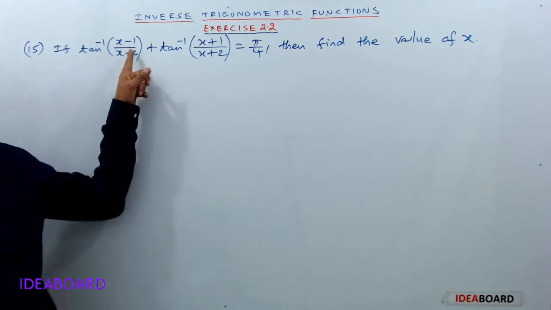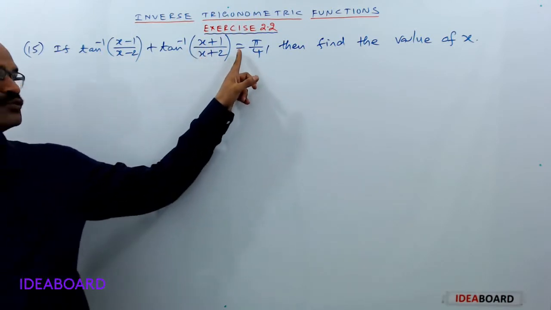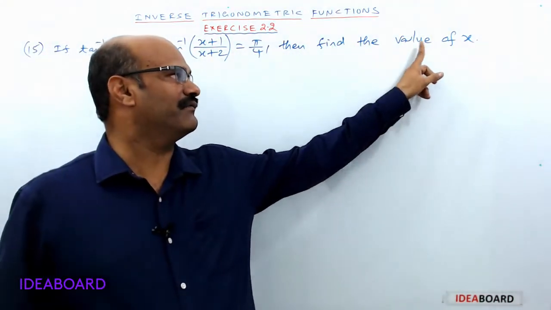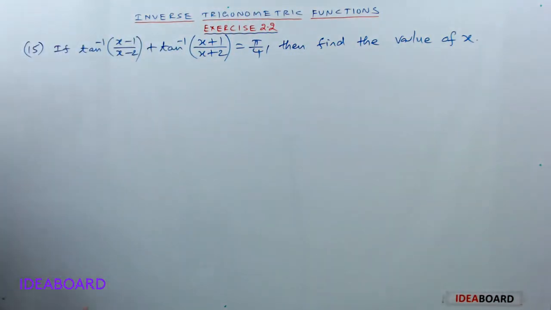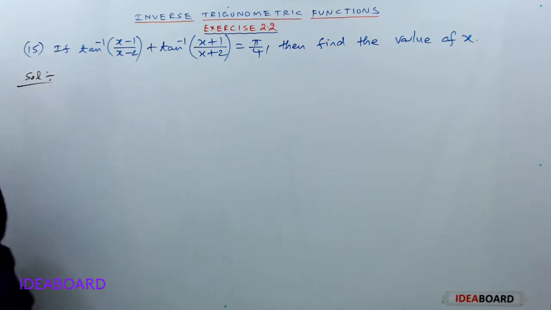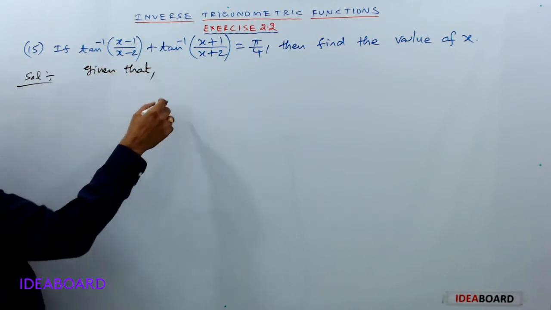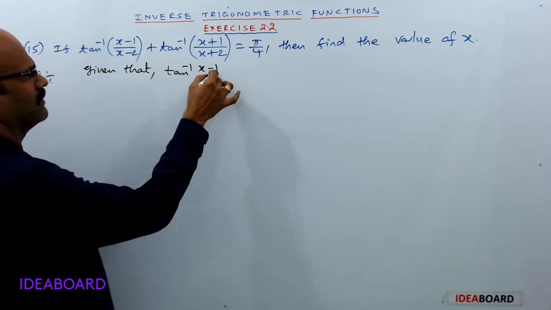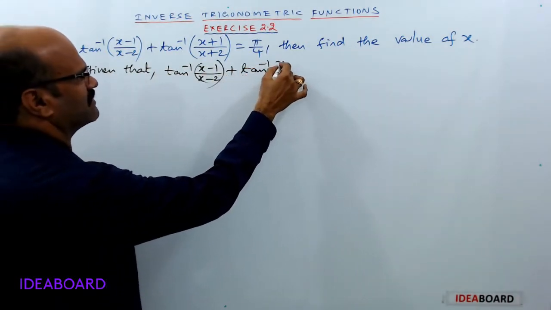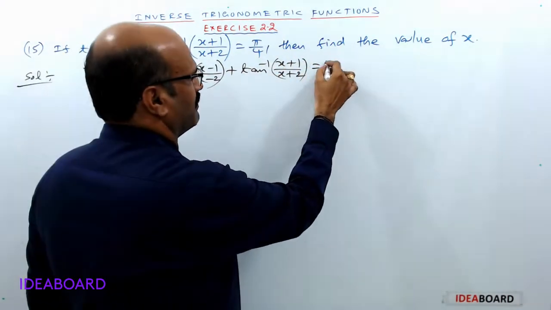If tan inverse of x minus 1 by x minus 2 plus tan inverse of x plus 1 by x plus 2 equal to pi by 4, then find the value of x. Solution. Given that tan inverse of x minus 1 by x minus 2 plus tan inverse of x plus 1 by x plus 2 equal to pi by 4.